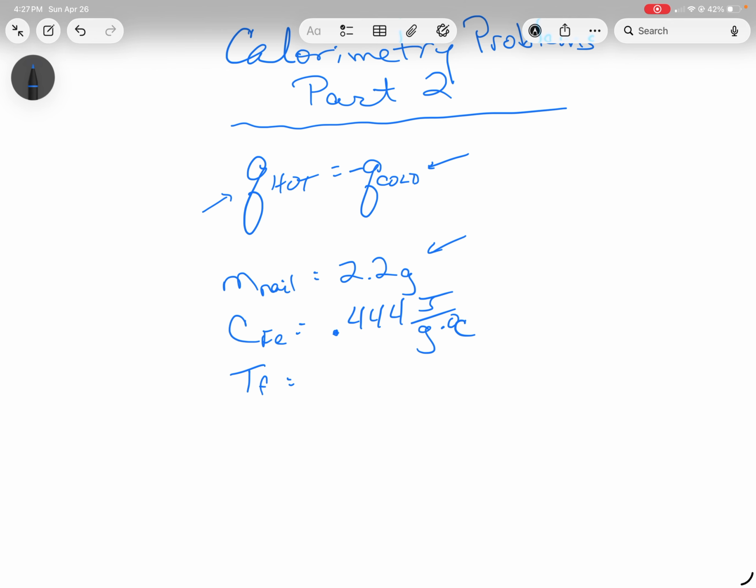So we let the hot nail sit in the water until the water had heated up as much as it was going to. That meant that the nail and the water were at thermal equilibrium. So that's kind of all we know about the nail, and what we're going to be trying to figure out is how hot was that nail to begin with before we put it in the water.